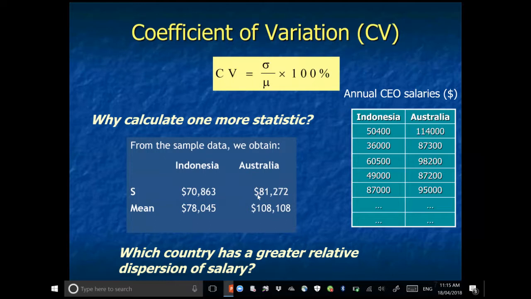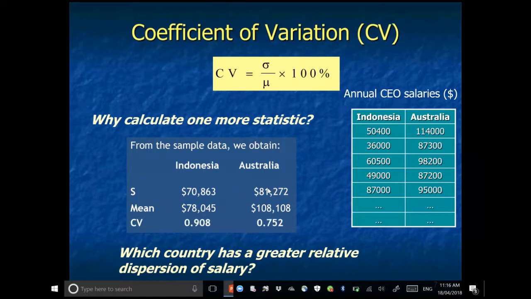Now, apparently, it may seem that Australia has a higher dispersion, but some people may argue that Australian mean salaries are much, much higher than Indonesia's. Therefore, we may not be comparing apples to apples when we look at the dispersion here of 81,000 and 70,000 for Australia and Indonesia, respectively.